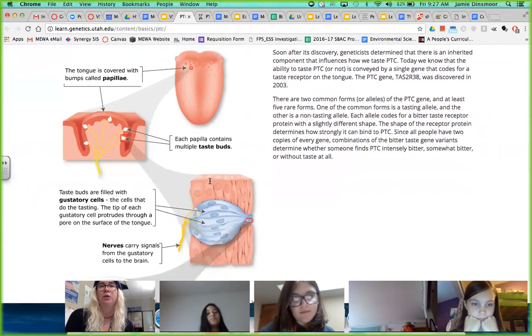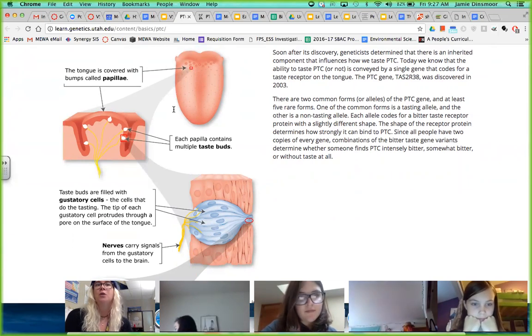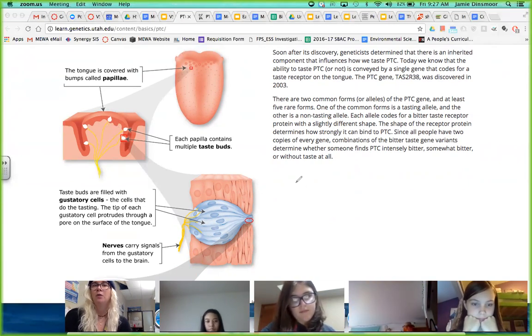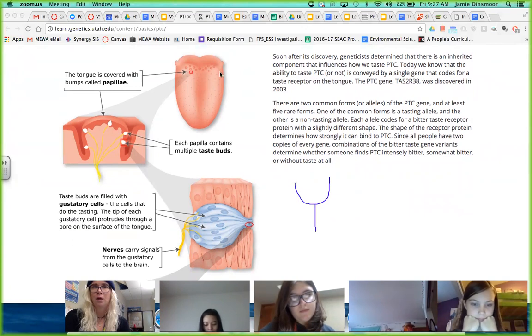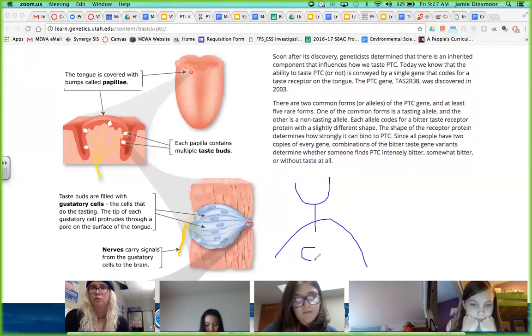Now we'll look at some of the science behind this, right? You got your tongue, all the little taste buds. So basically what's happening is you have a cell receptor, and this is kind of how we draw them in biology to represent them. They look like little football goals, and they're on the cell. So here's our cell, and there's our receptor.